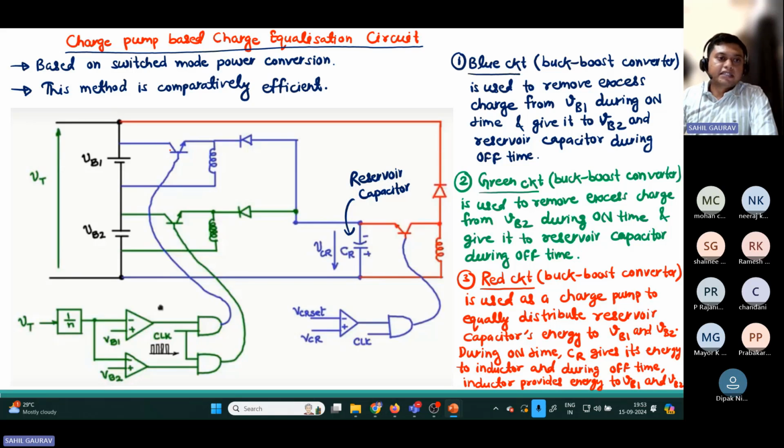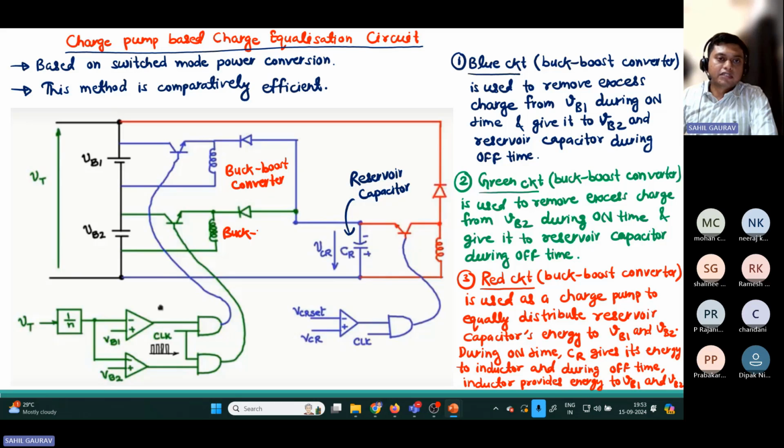Here we have a buck boost converter. Across each battery we connect one buck boost converter, and they are connected to the same output capacitor.